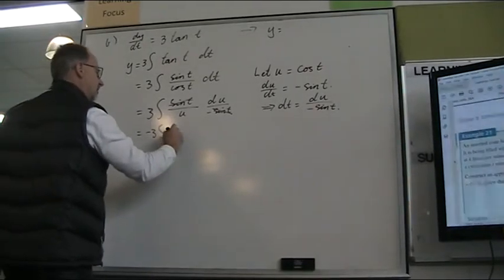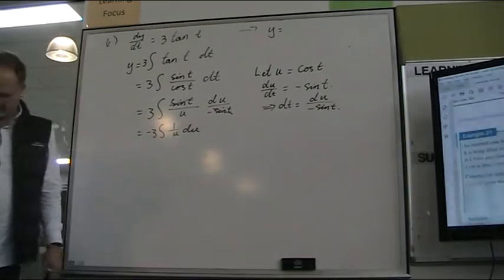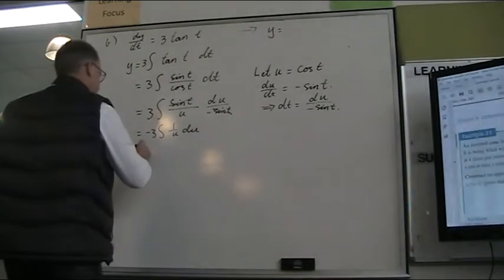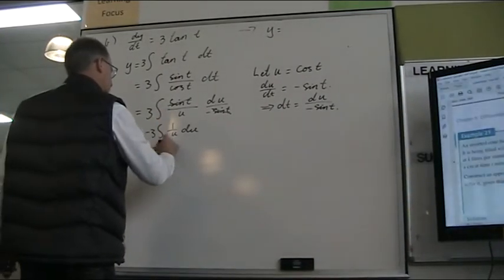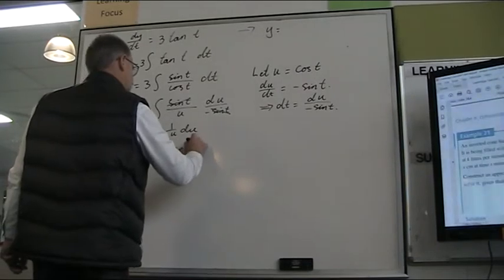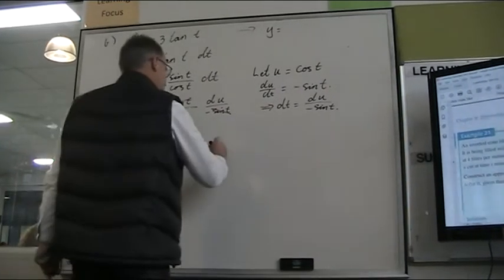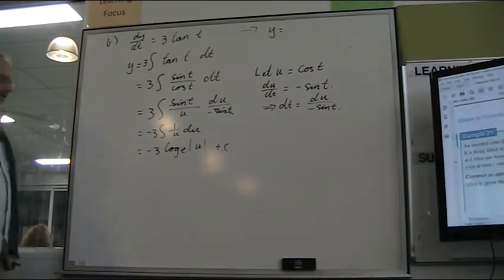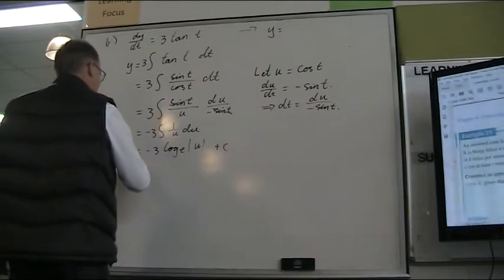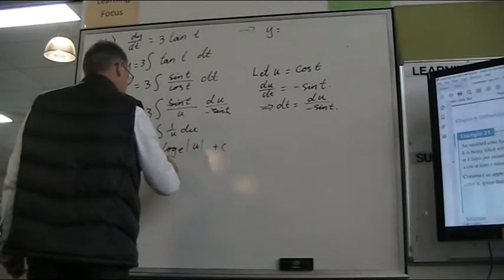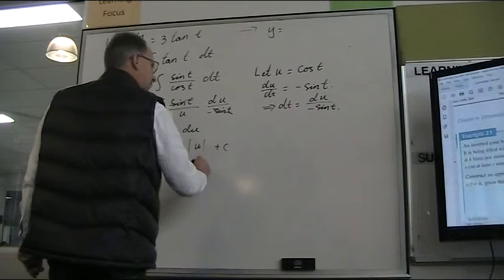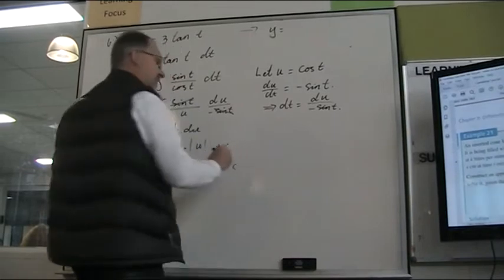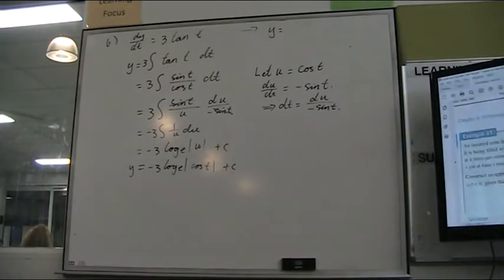We've got 1 on u du, which is log, yep. Log to the base e of the magnitude of u plus some constant. And don't forget to make our replacement back: the magnitude of cos t plus some constant.